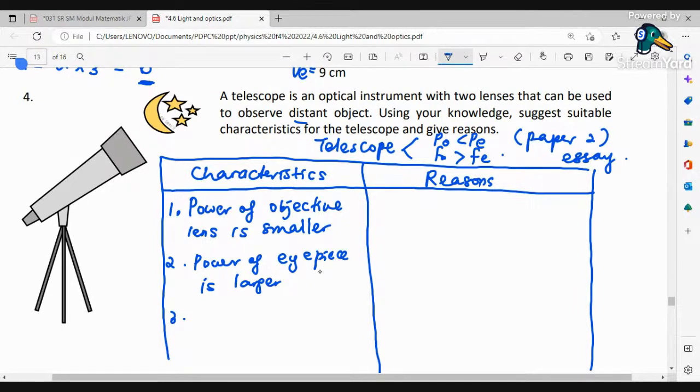Okay. Objective lens is thicker, eyepiece is thinner.